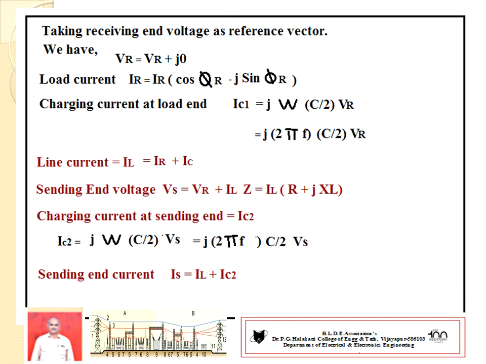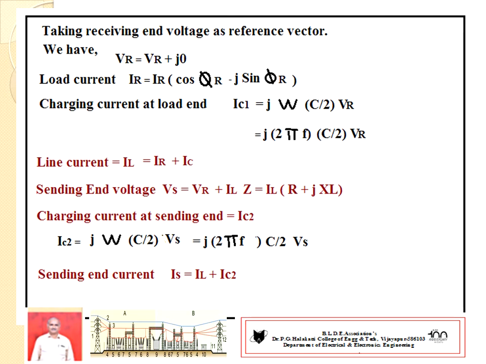Once you are knowing the load current, then very easily you go for sending end voltage. Sending end voltage Vs equal to VR plus IL into Z, where Z is the impedance. It includes resistance and inductive reactance per phase of a given line.